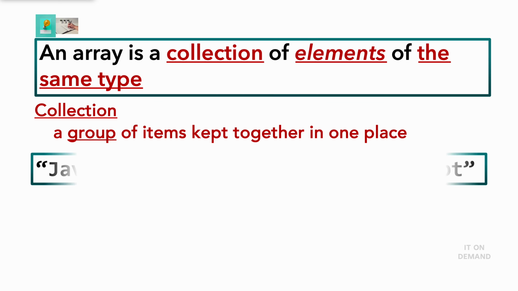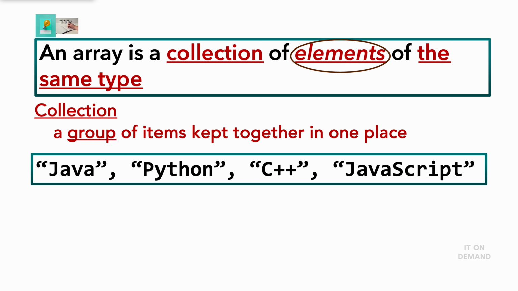But now let's look a little bit further at what these elements are. In the definition we gave before of what a collection is, a group of items, items there is synonymous with elements.